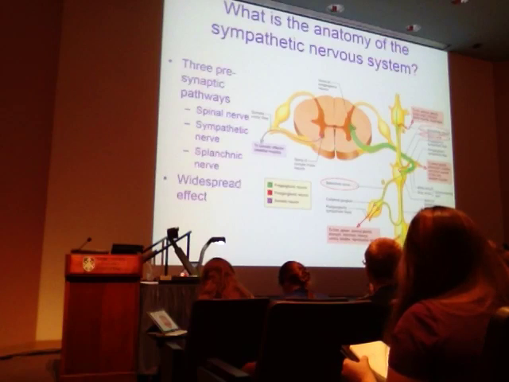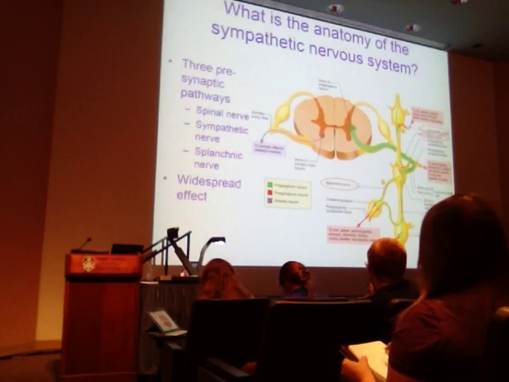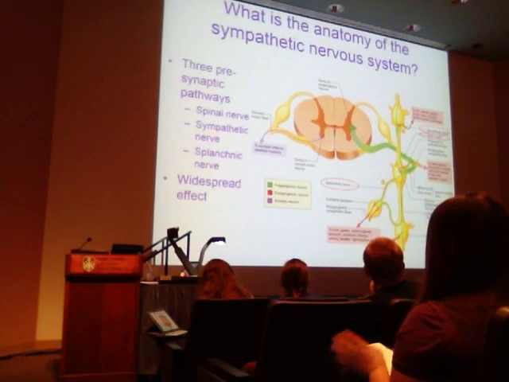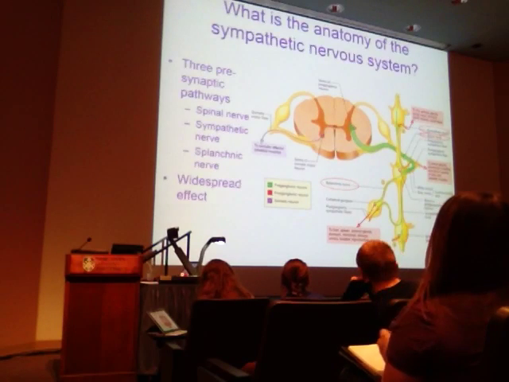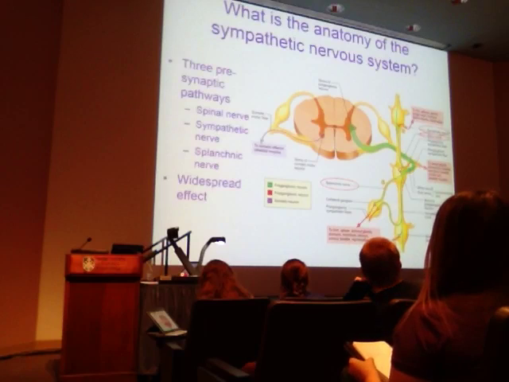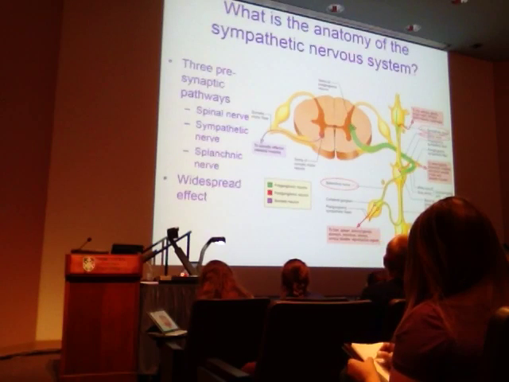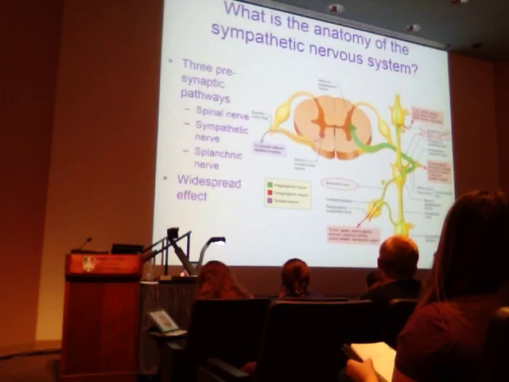So if we highlight the three, here's our spinal nerve first. Then our sympathetic nerve. And then over here is our splanchnic nerve. And these little pink or peach-colored boxes identify the different regions that signals go to in the body based upon using that pathway.